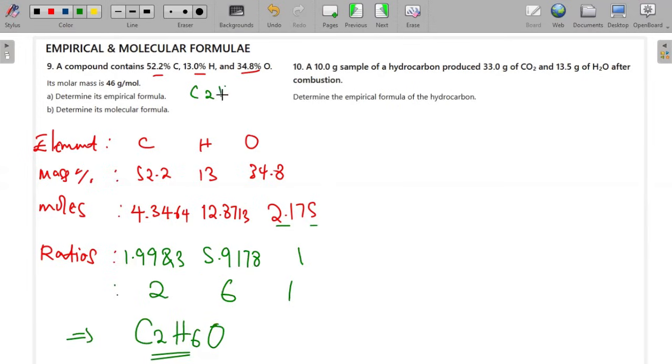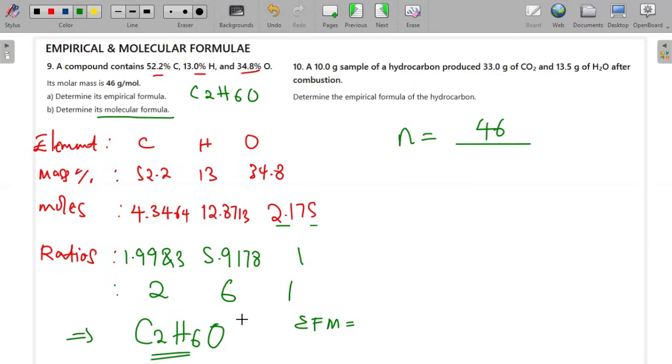C2H6O. The other question was saying, determine the molecular formula. For the molecular formula, we just have to find the factor. The factor equals the molar mass, which was given as 46, divided by the empirical formula mass.